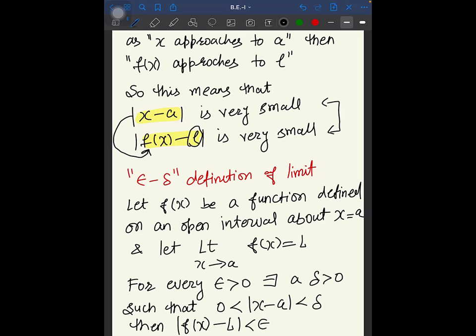So this epsilon needs to be as small as possible. That we'll discuss.